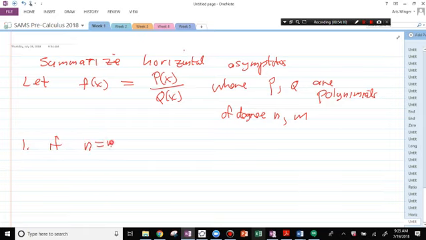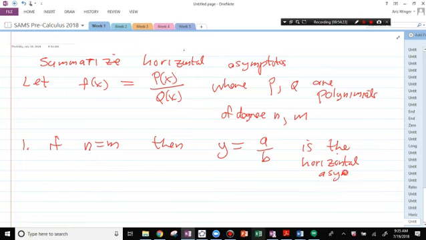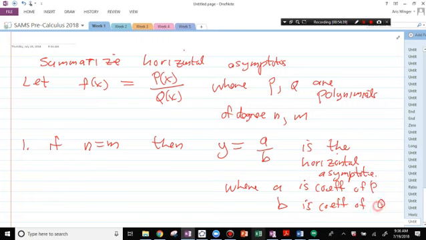If n is equal to m, then y equals a over b is the horizontal asymptote, where a is the coefficient of the leading term of p, and b is the leading coefficient of the leading term of q. It's just a over b.